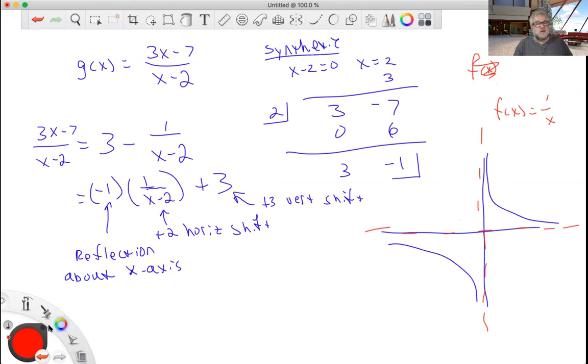Now I look at my new function, and there's going to be a plus 2 shift. So here's my vertical asymptote now. And there's a plus 3 shift. Here's my horizontal asymptote now. And so it would normally be like this and like that, but it's reflected around the x-axis.